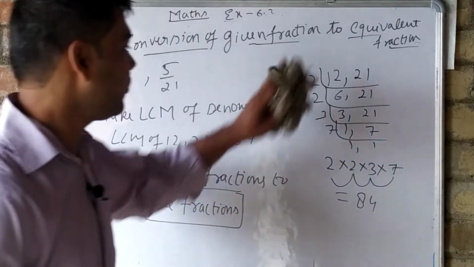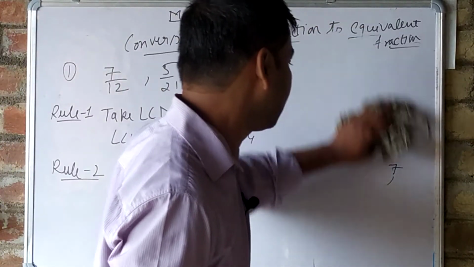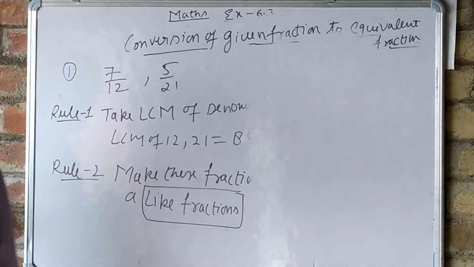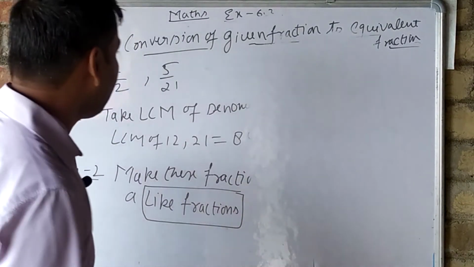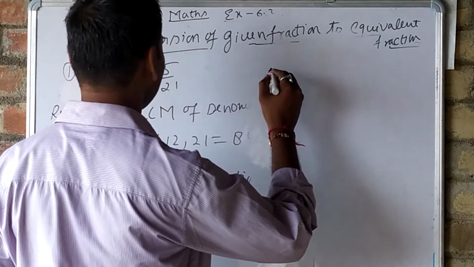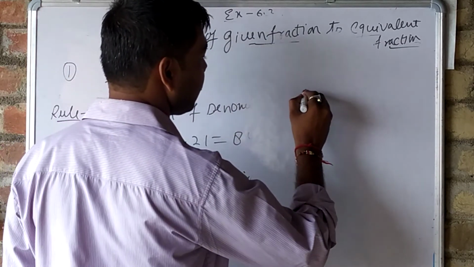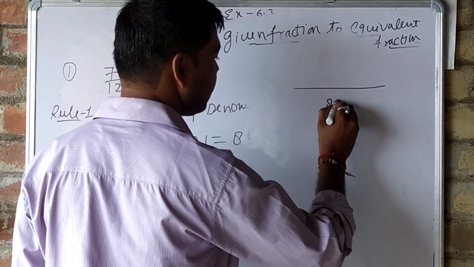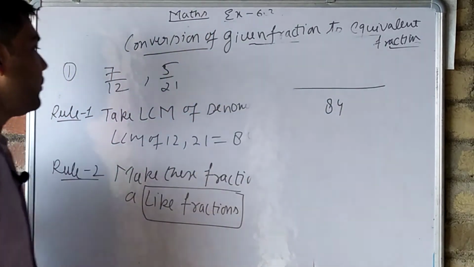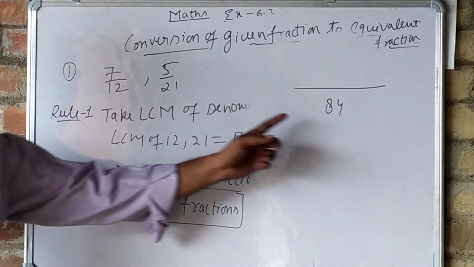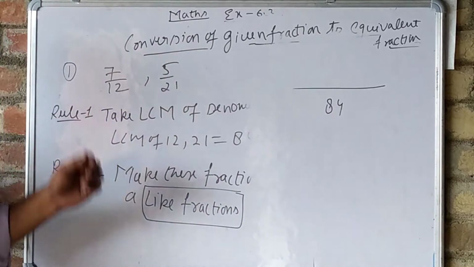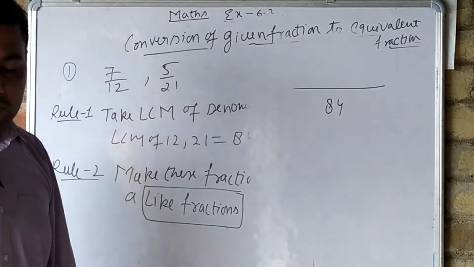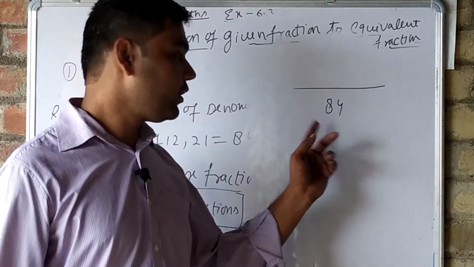So now see here. 7 by 12 and 5 by 21. What will we do? We will take 84 and place a big bar. Then 12 and 84: we have to make the denominator the same. So what will we multiply with 12 to get 84?